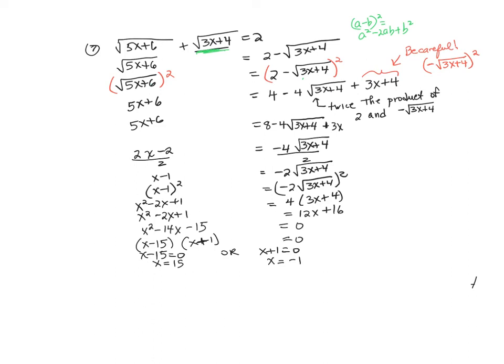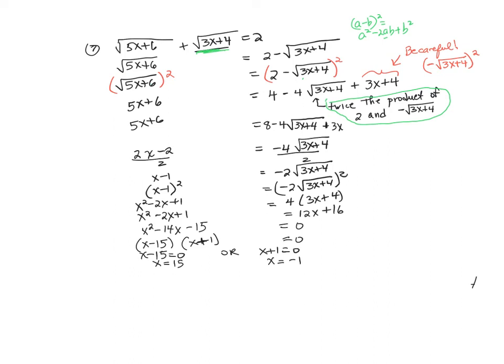So here, 2 squared is 4. Twice the product of the 2 and negative root 3x plus 4 would be negative 4 square root of 3x plus 4. And then when we square the last term, we just get 3x plus 4. So be careful there. That's the key step.